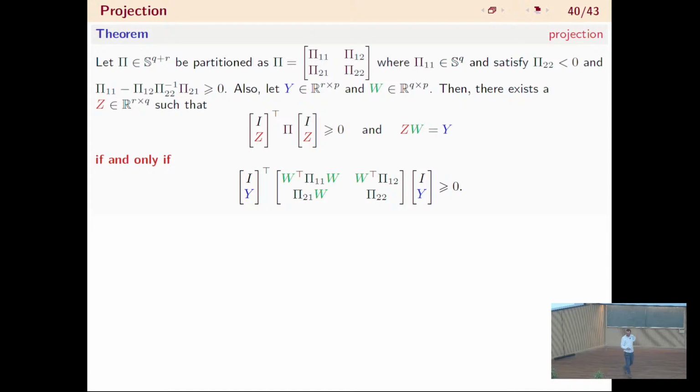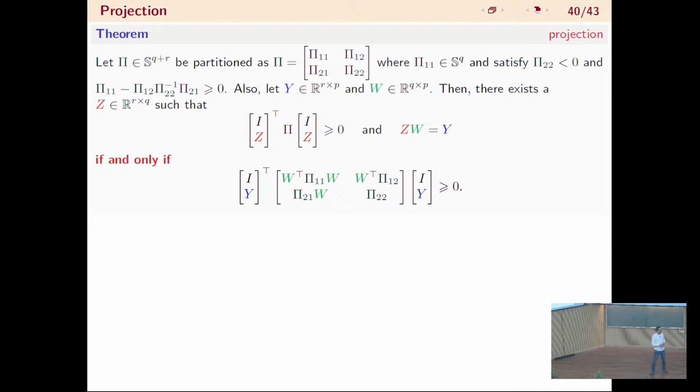Basically, it says if you have a quadratic matrix inequality where pi satisfies these conditions, together with some linear equation, it is nothing but a quadratic matrix inequality, but in terms of this variable y. This looks like a very complicated statement, right?